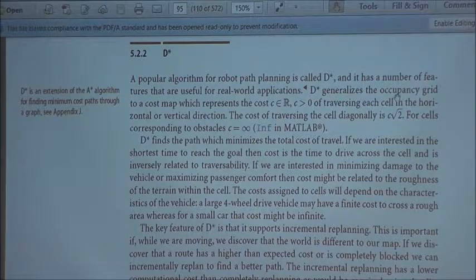D star generalizes the occupancy grid to a cost map, which represents the cost in a scalar value, being a non-zero value of traversing each cell in the horizontal or vertical direction. So, if you move in the horizontal, you have a horizontal cost.